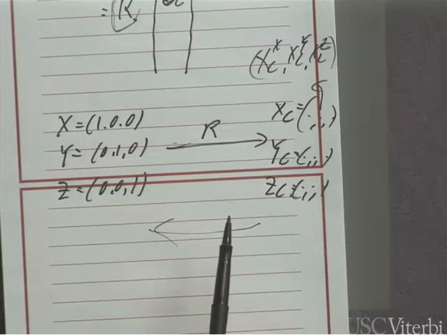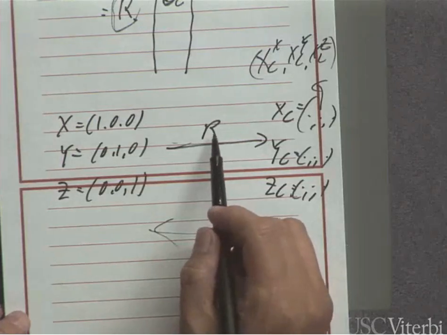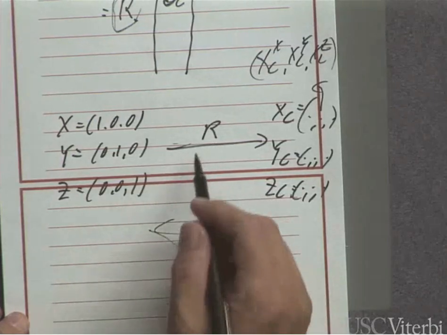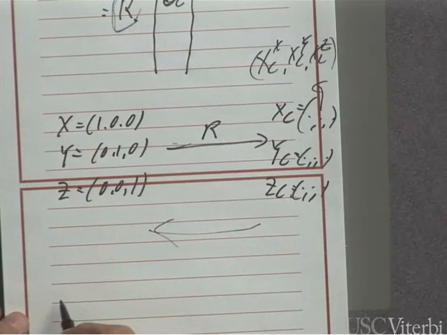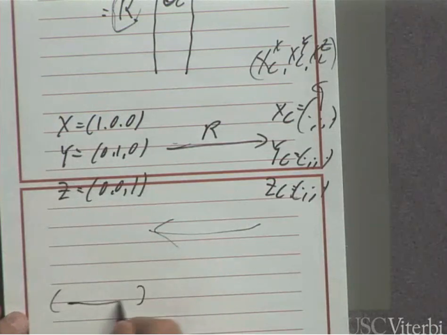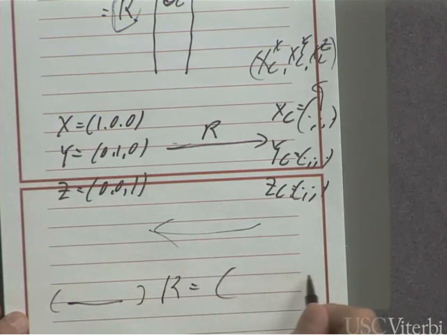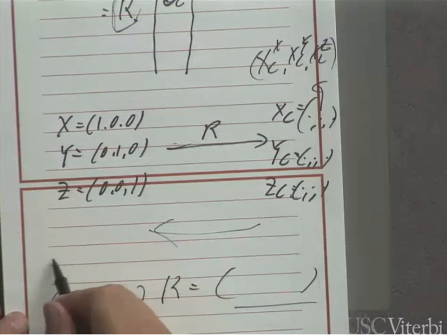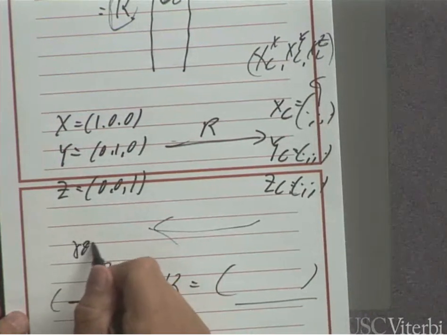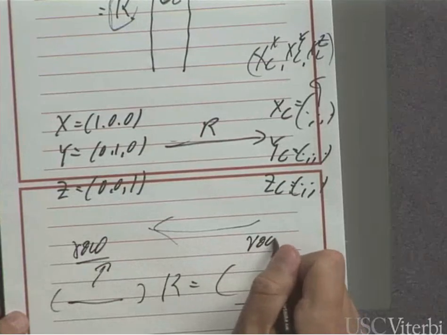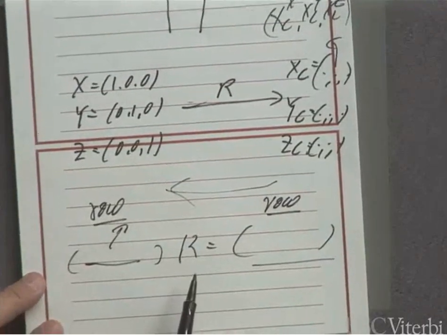So the easiest way to look at this, if you want to do the forward, you should write this as this row vector times R gives you the corresponding row vector. So this is a row vector. It's a forward direction.